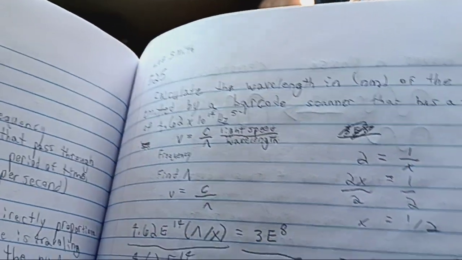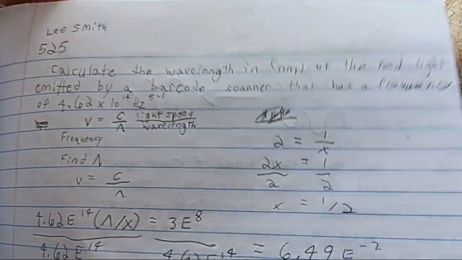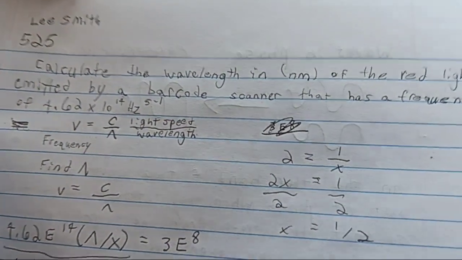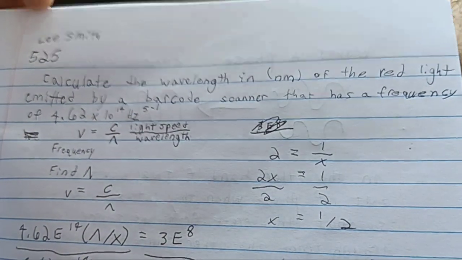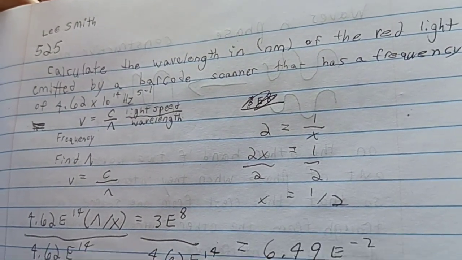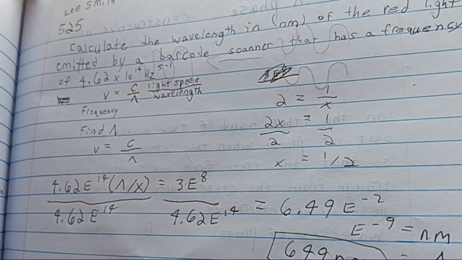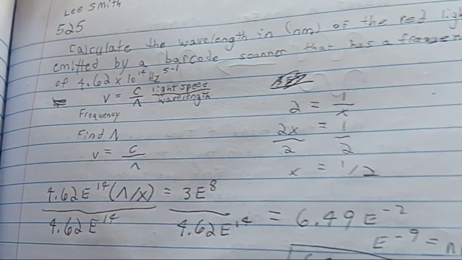Like I said, frequency equals light speed divided by wavelength. There's also a constant called Planck's constant.